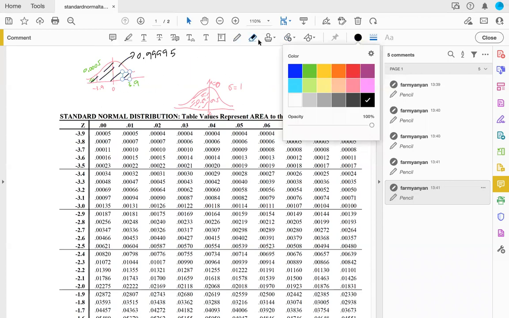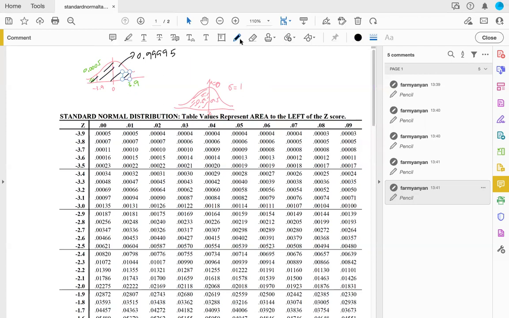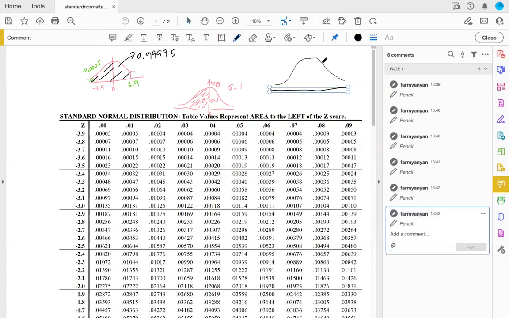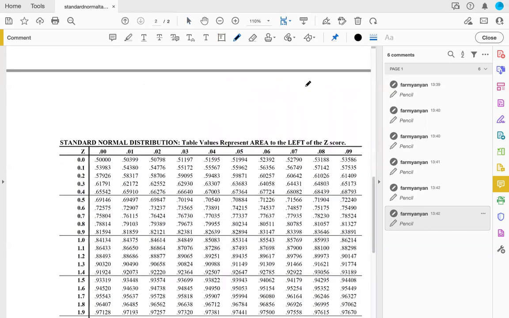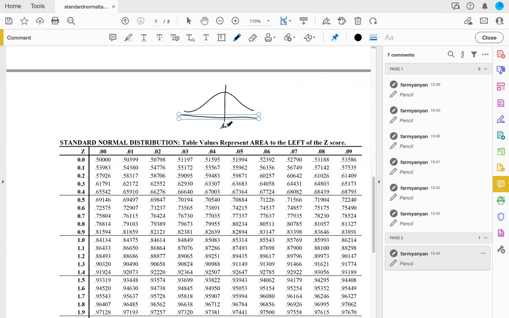Okay, let me draw another one for you. Let's say I have the whole thing, and I don't have the negative part. I'm only given the positive part. You still can convert it into the negative part. For example, this is equal to 0.